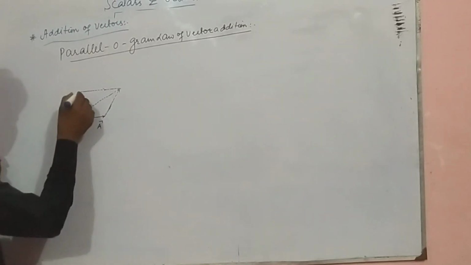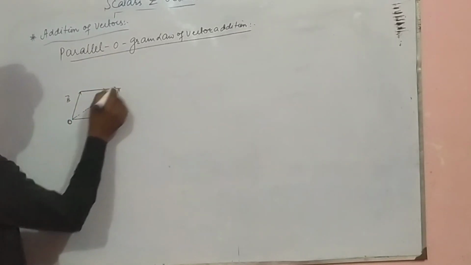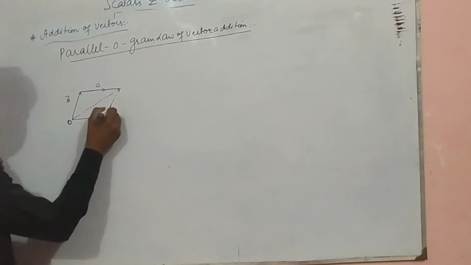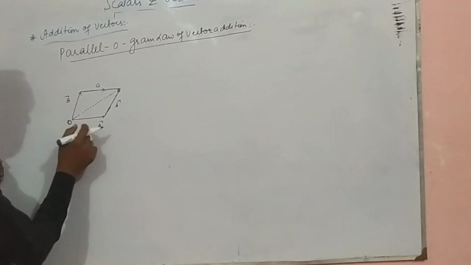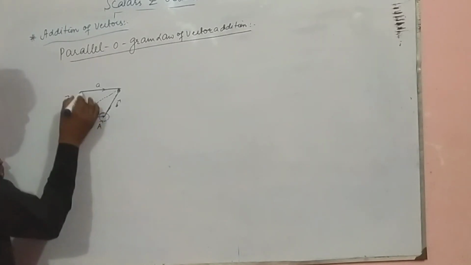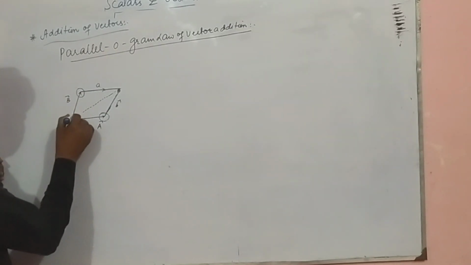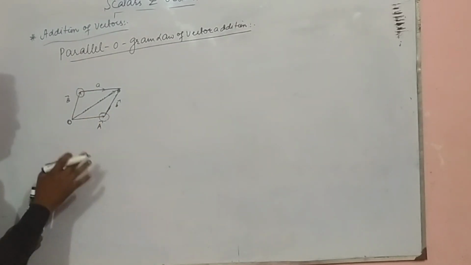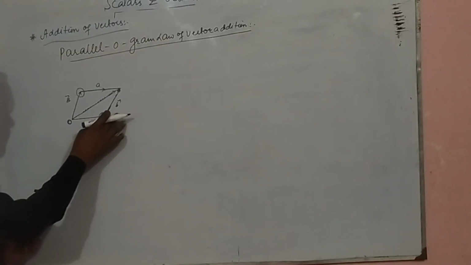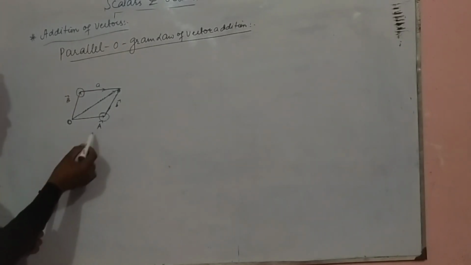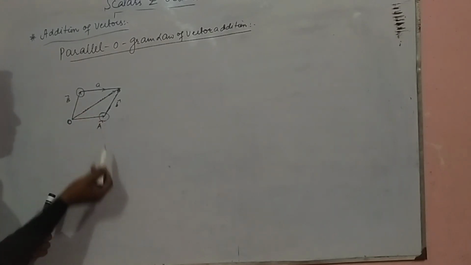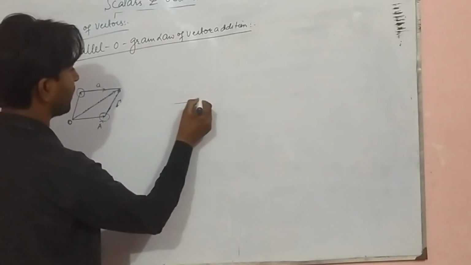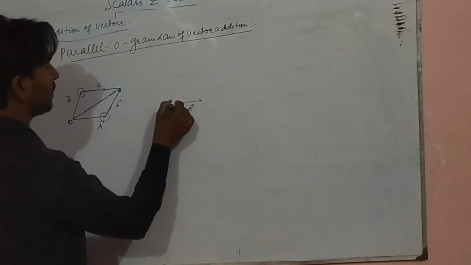This side is parallel to A, so it is also vector A, and this is parallel to B, so this is also vector B. So this is the head-to-tail method, and this is the resultant of B plus A and A plus B. Whether we do A plus B or B plus A by the head-to-tail method, the resultant will be the same.